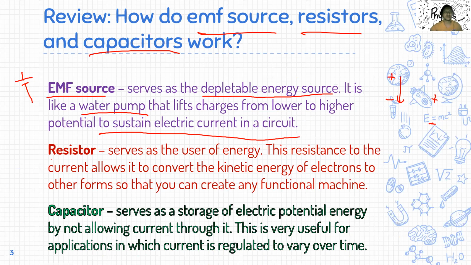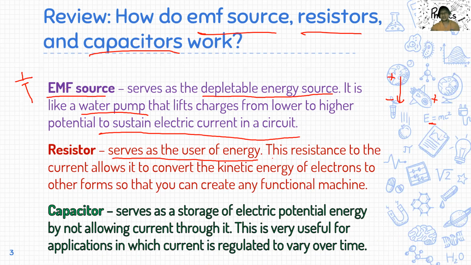Now, your resistor. What is a resistor? Actually, this resistor serves as the user of energy. Why? It is like a wheel on the road. There is friction, so resistance becomes friction. Because of friction, the wheel turns and becomes useful.